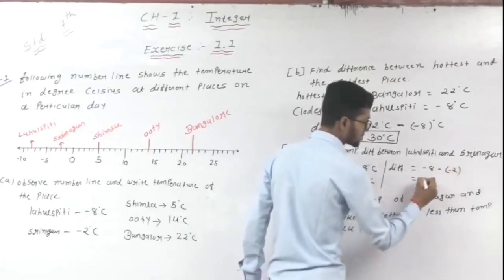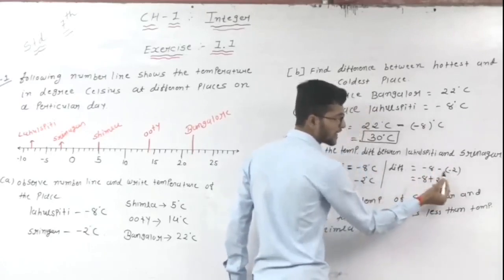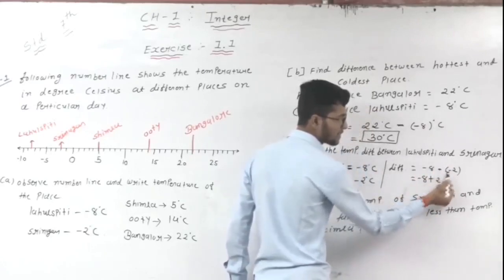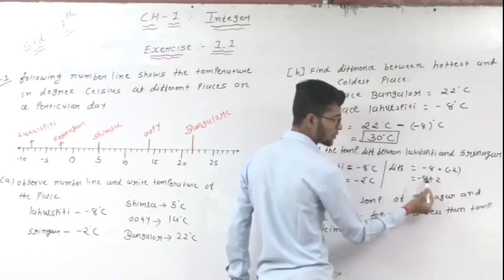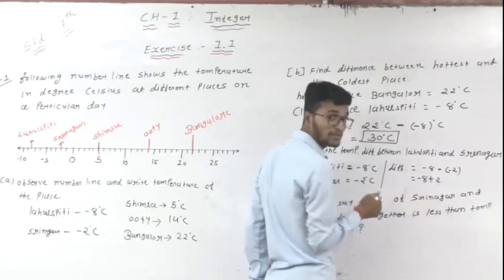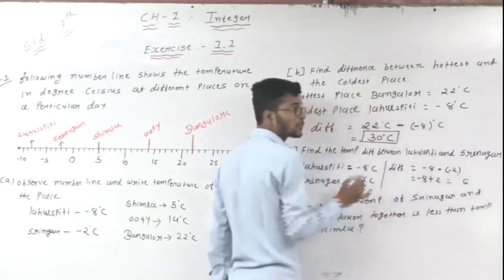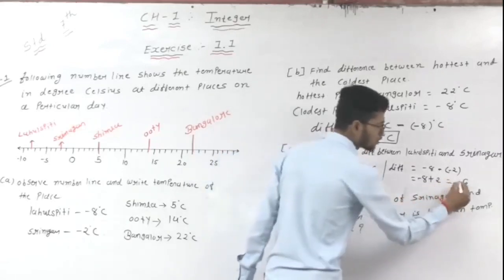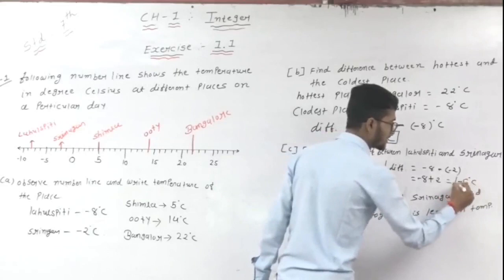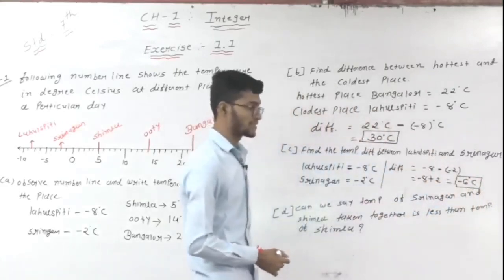Here is minus and minus, plus. This is -8 plus 2. Remove this bracket, then minus and minus means plus. Now, dear student, this one is a negative number and this one is a positive number. So negative number, positive number means subtraction. So 8 minus 2 means our answer is 6. But for the last answer, take the big number's sign. The big number is 8 and the sign is negative. So our answer is -6 degrees Celsius. This one is the difference between Lahaul Spiti and Srinagar temperature.